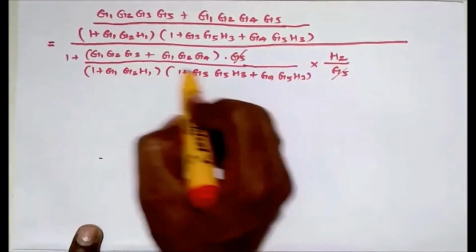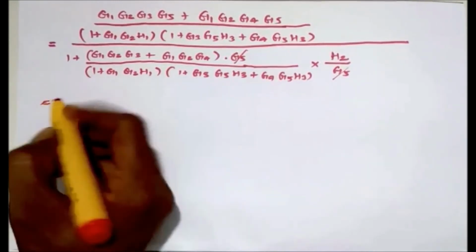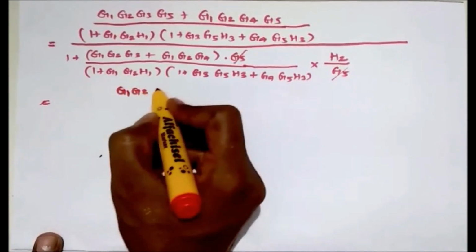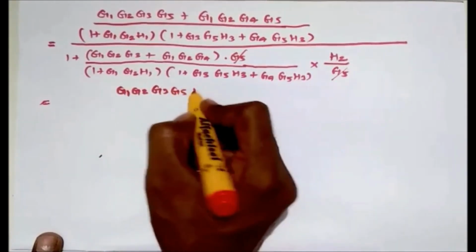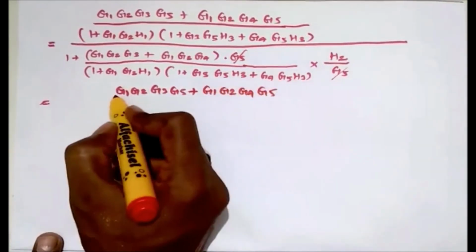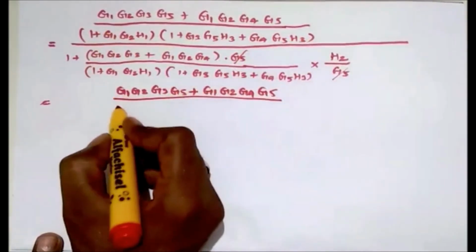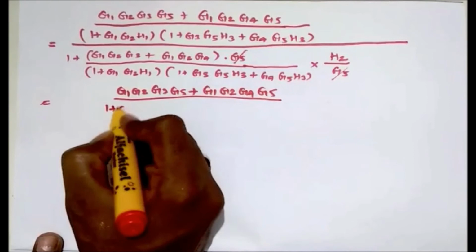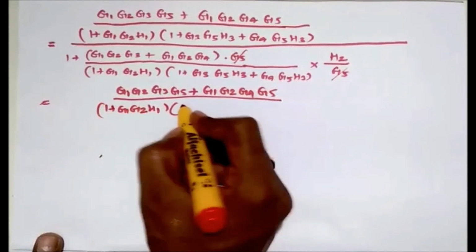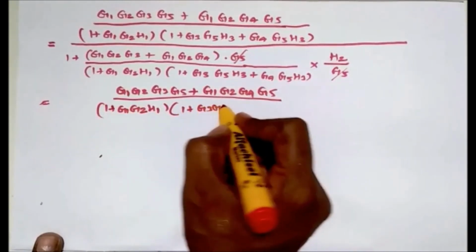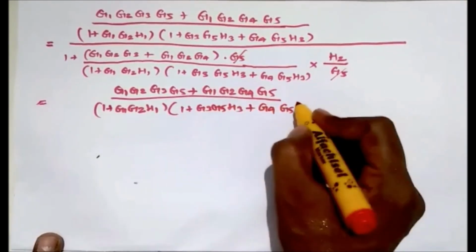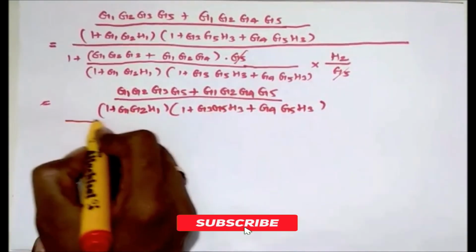So now we have to take LCM. The numerator term will be as usual G1, G2, G3, G5 plus G1, G2, G4, G5 divided by the same thing, 1 plus G1, G2, H1 into 1 plus G3, G5, H3 plus G4, G5, H3, divided by.